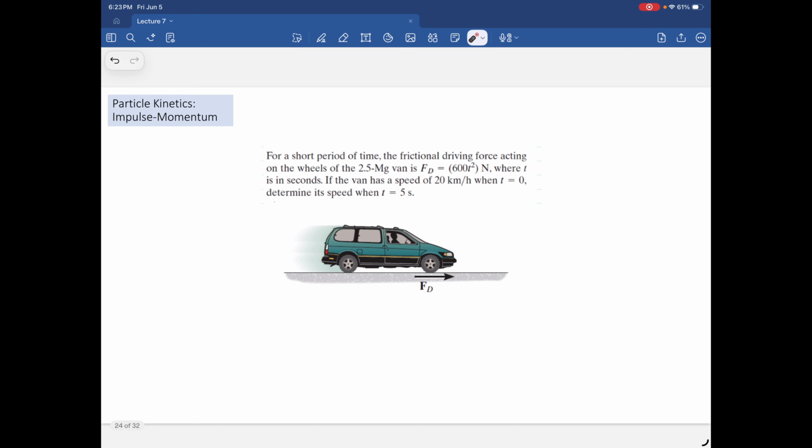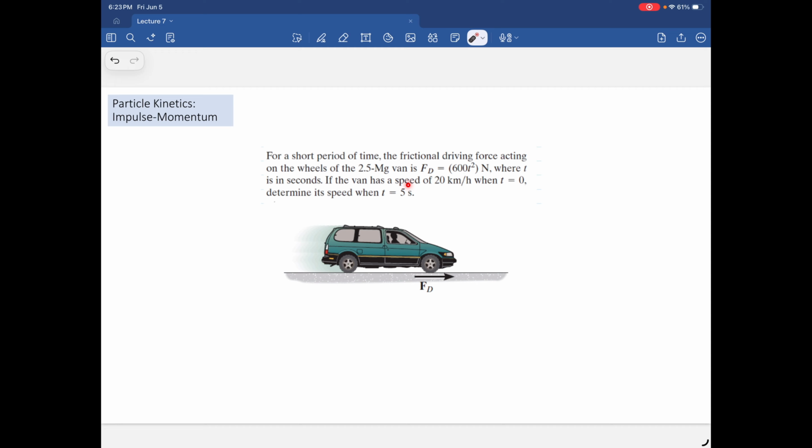All right, so we have this minivan here, and it says for a short period of time, the frictional driving force acting on the wheels of a 2.5 megagram van, unusual units here in the SI, is F_D equals 600 t squared newtons, where t is in seconds.